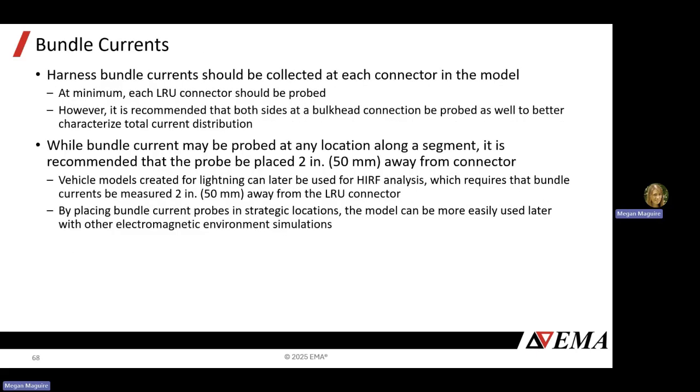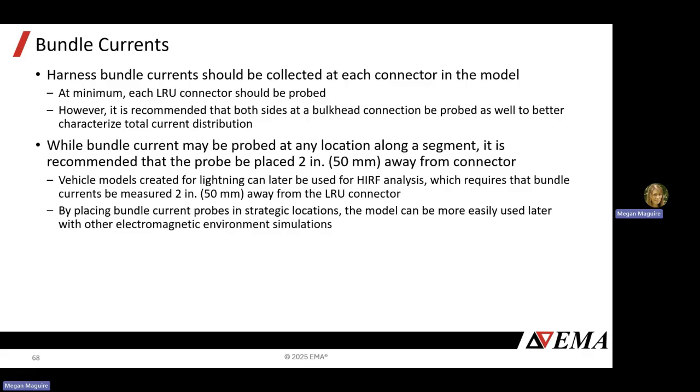Bundle currents. I recommend that people probe bundle currents at every connector in the model, so at LRUs, at bulkhead connections, basically to get an overall view of how current is distributing. And then another thing I recommend is, especially at LRU locations, probing bundle current 2 inches away from a connector.